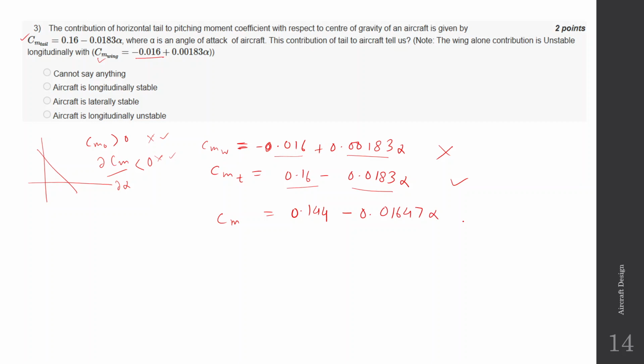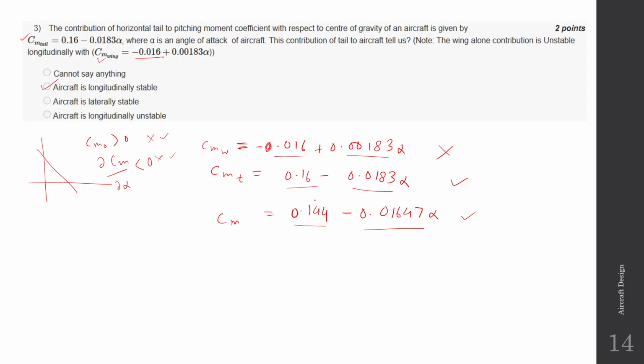So this is the net contribution due to the wing and the tail. You can see that in this net contribution the Cm naught is positive and the Cm alpha is negative. So it satisfies both of these conditions. So the aircraft is going to be longitudinally stable.